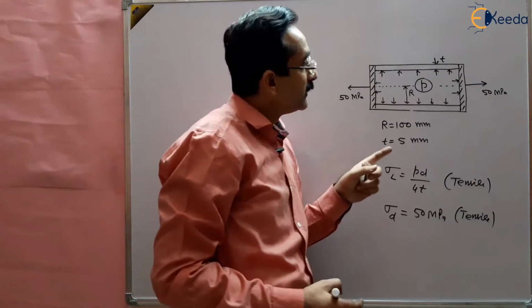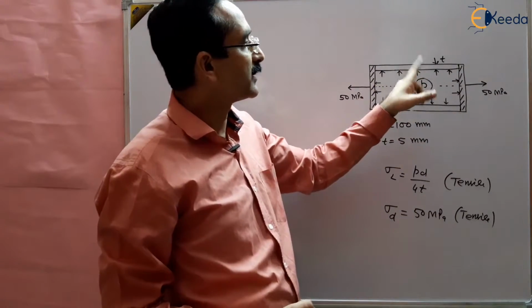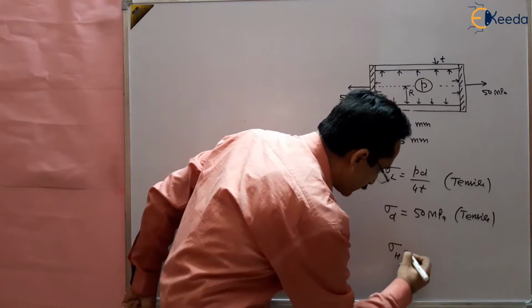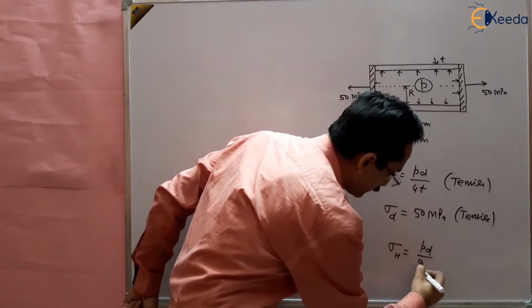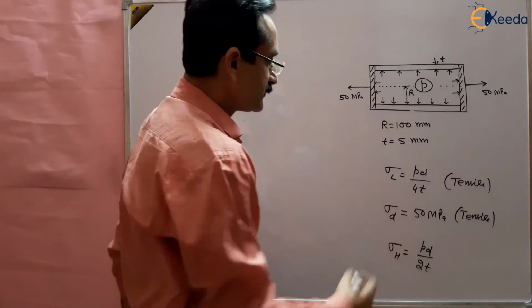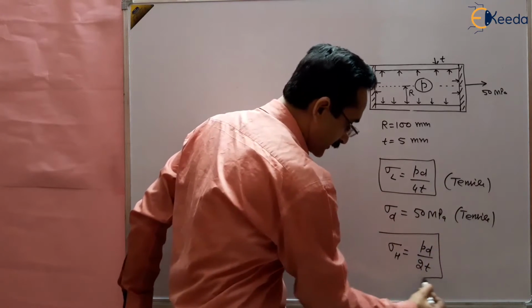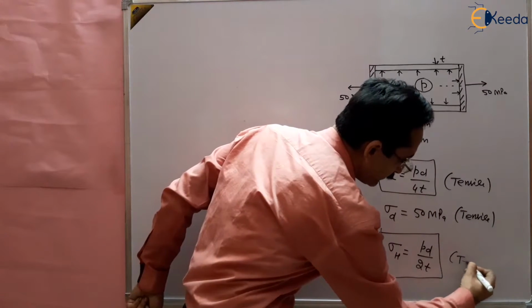Now in the circumferential direction there is hoop stress developed, sigma H, which is equal to PD by 2t. This formula should be known to you, and this is also tensile.